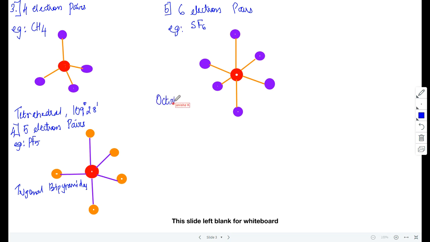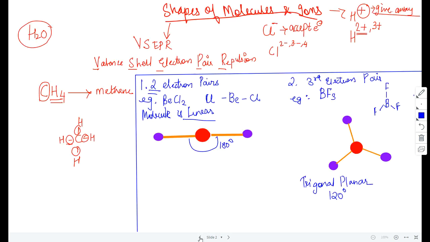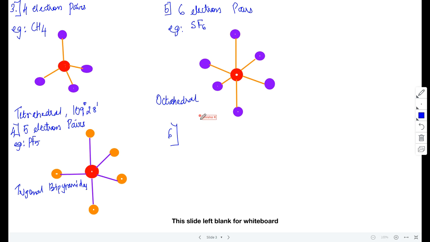Here the name will be octahedral. Here again they have not specified any kind of angles. Now earlier we have seen 3 electron pairs, right? One moment, I'm just moving on to the previous slide. Now when we were talking about a 3 electron pair, we had formed one kind of shape which was known as trigonal planar. There is one more kind of structure, we'll see that.